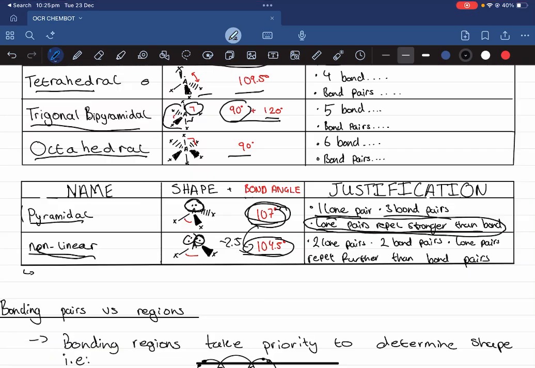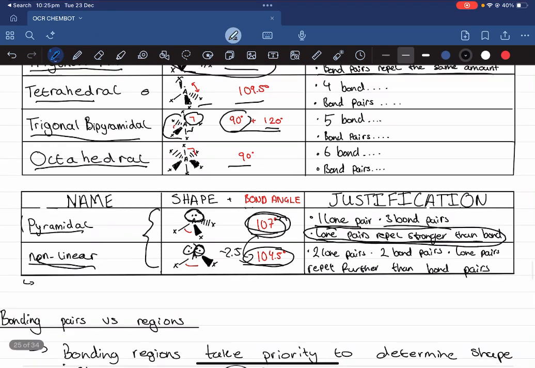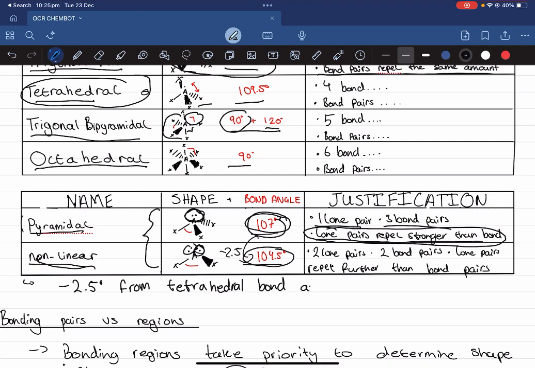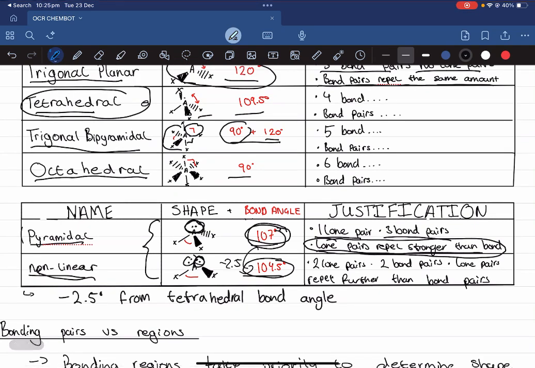Now what we can also see is that these two are just a change of this tetrahedral shape. What I mean by that is every lone pair that's added is minus 2.5 degrees from the tetrahedral bond angle. This isn't anything you need to memorize per se, but it's very helpful if you ever forget the bond angles, because then you can just work back from tetrahedral.